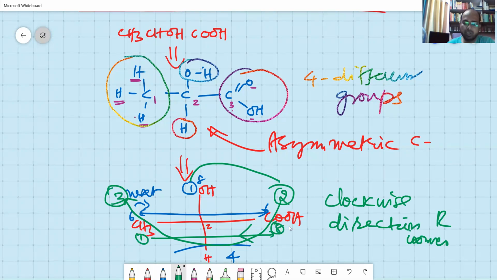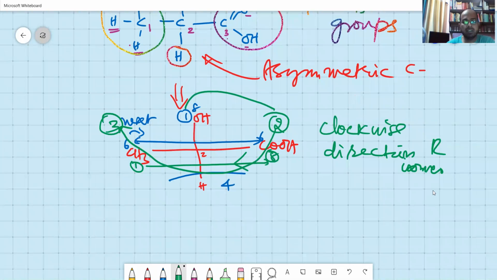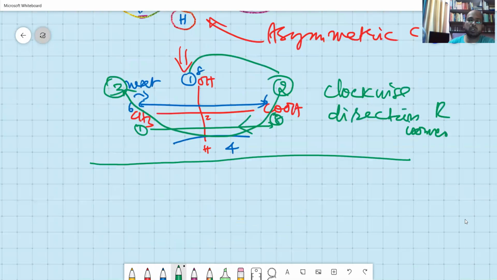Okay, I think now it is clear that the type of structure that is given in the examination should be according to the rules that we follow. So if you have a structure like this, which describes the solid wedge and dashed wedge, you convert this 3D structure into 2D structure by just flattening them.